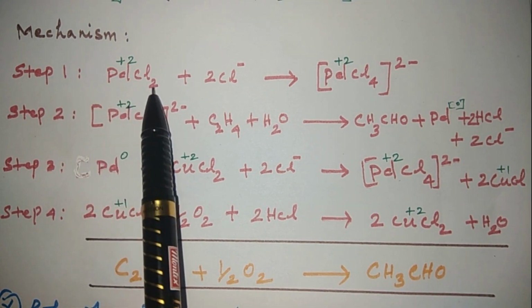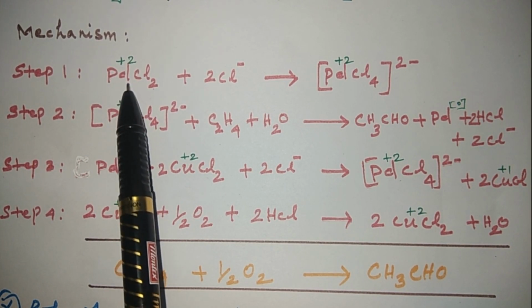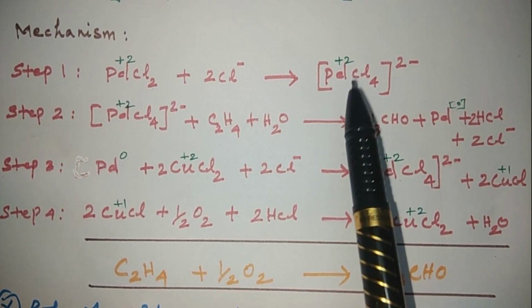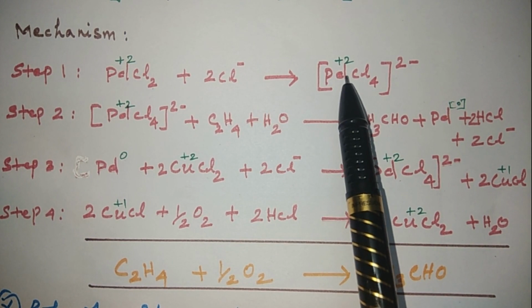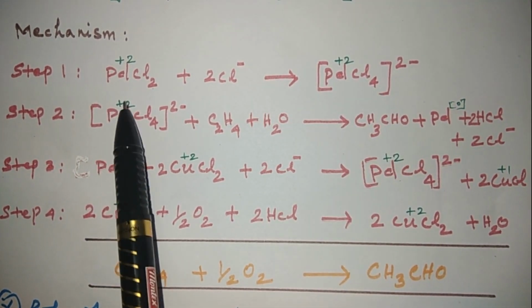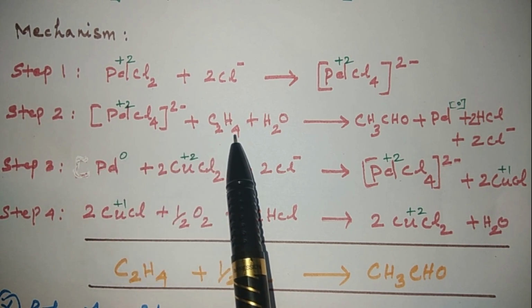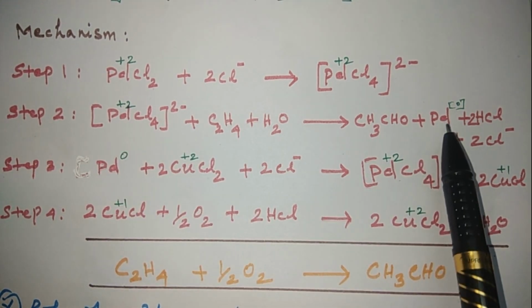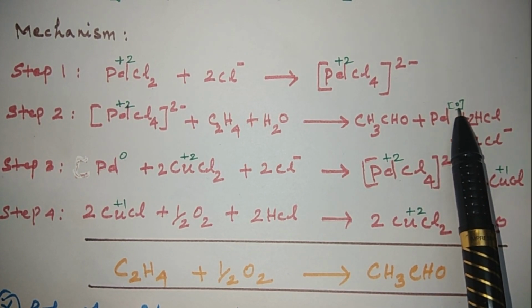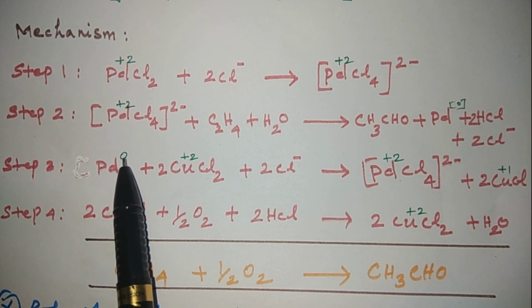In PdCl2, palladium chloride, palladium is in +2 oxidation state. This complex also has palladium in +2 oxidation state. +2 oxidation state palladium, when combined with the alkene, changes into palladium zero oxidation state. Palladium is in zero oxidation state.